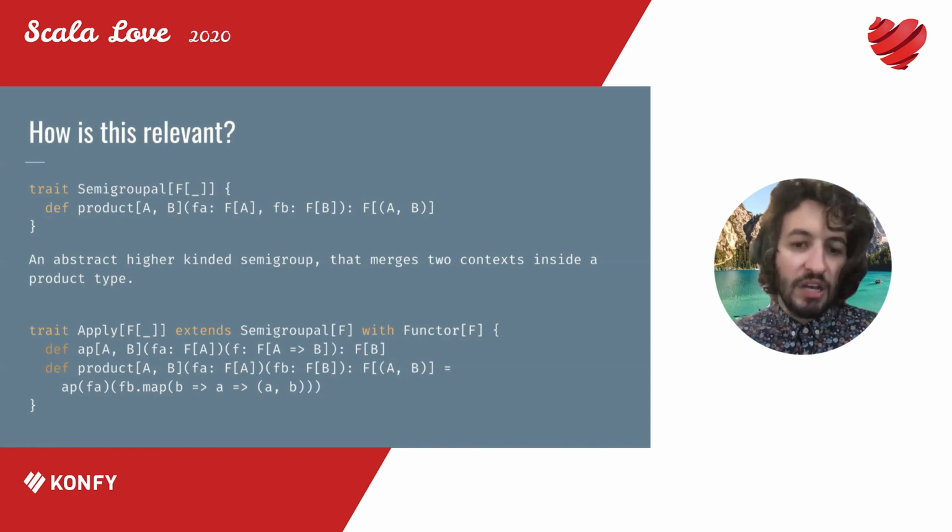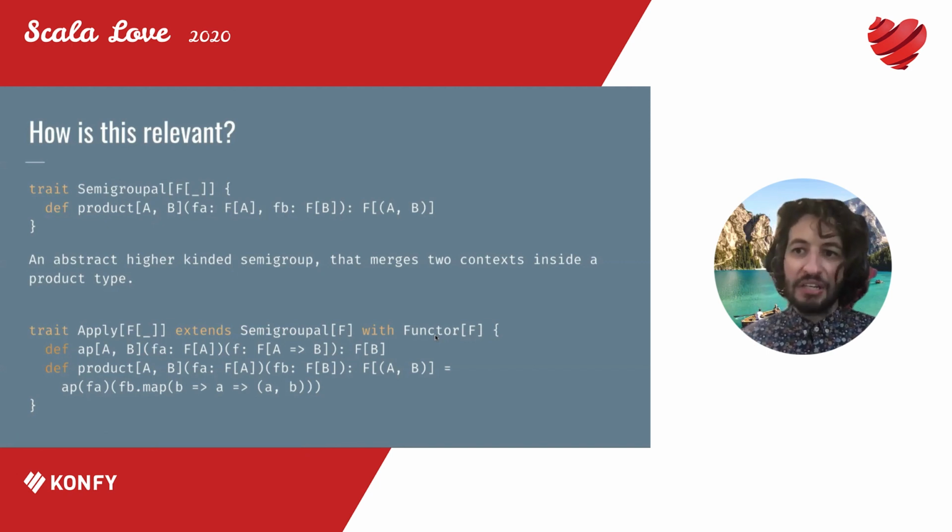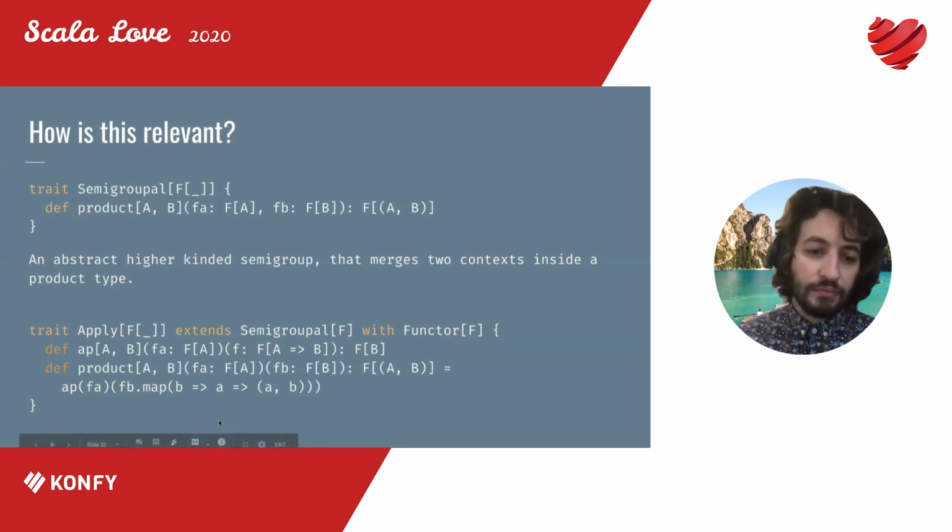And if you have product and map, which you can get from Functor, that basically gives you Apply. So Apply is nothing else but product plus map. And it is defined by this ap function, which is just a different method to get to the same thing, right? So you can get product by using ap, but you can also get ap by using product and map.